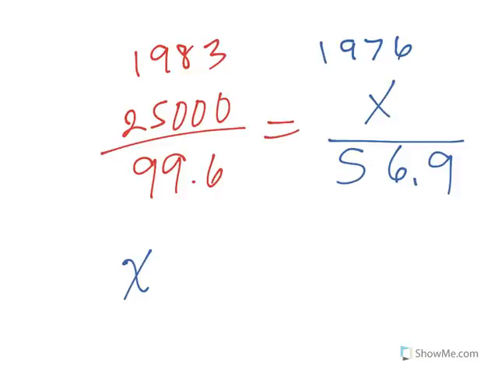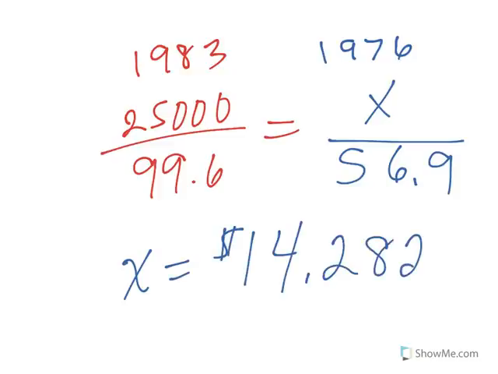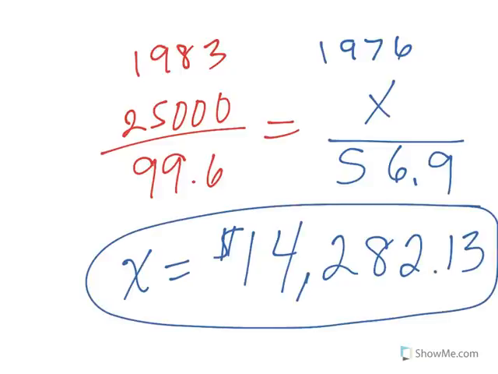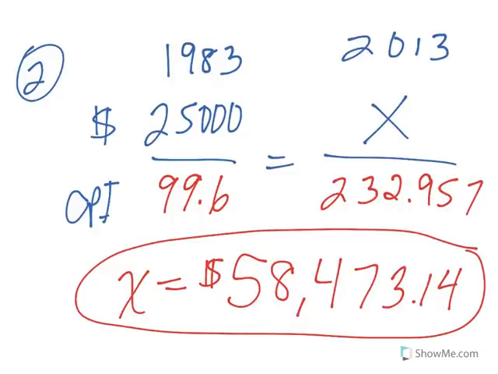So a $25,000 job in 1983 would have been a $14,282.13 job in 1976. So you can see, from 76 to 2013, we go from 14,000 to 58,000. That is a very, very big jump in salaries.